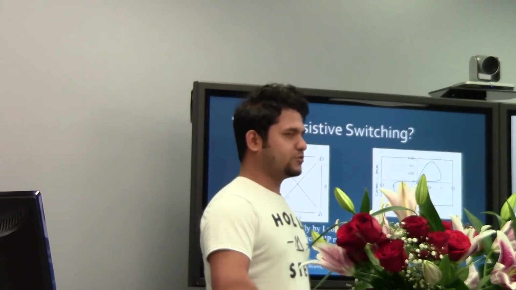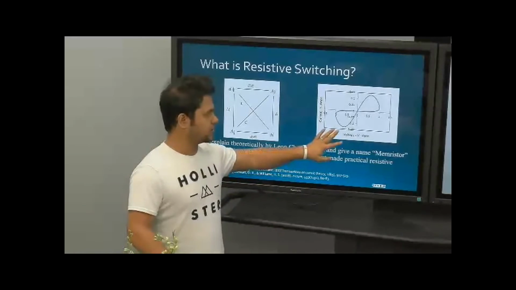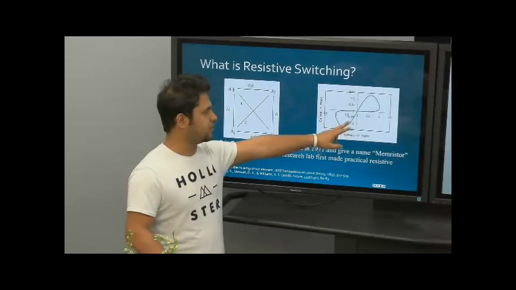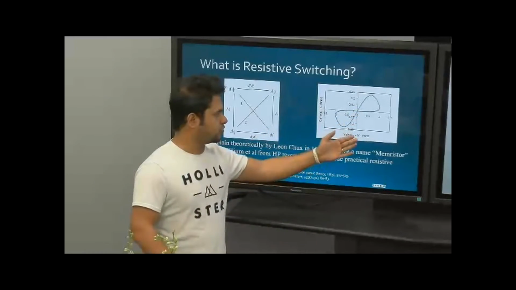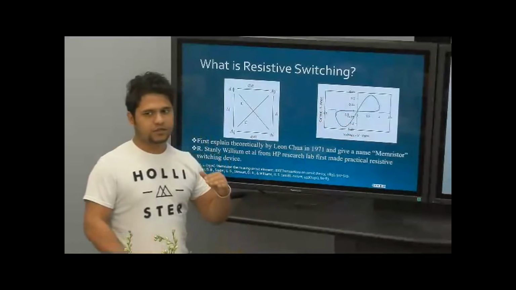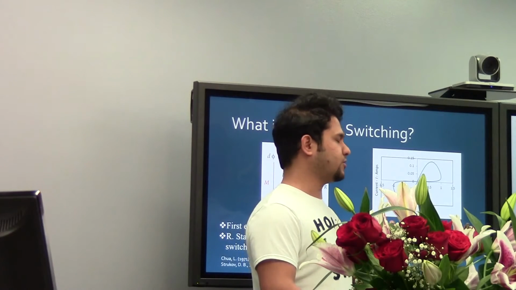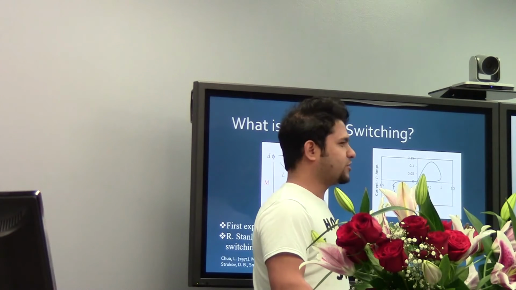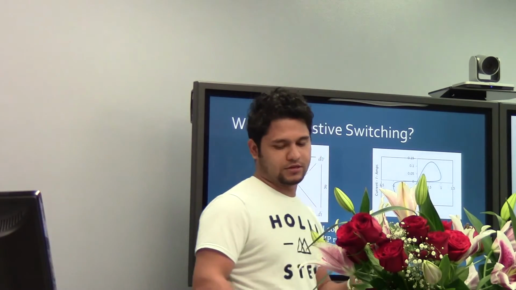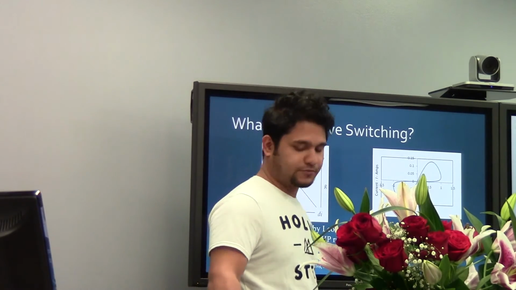So how does this switching work? If we increase the voltage in the positive direction, the conductivity of the device increases, and it can keep that conductivity in memory. If we apply the reverse bias, it gives back the previous resistance.